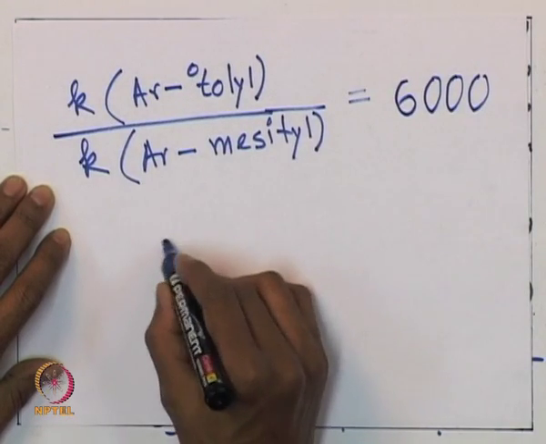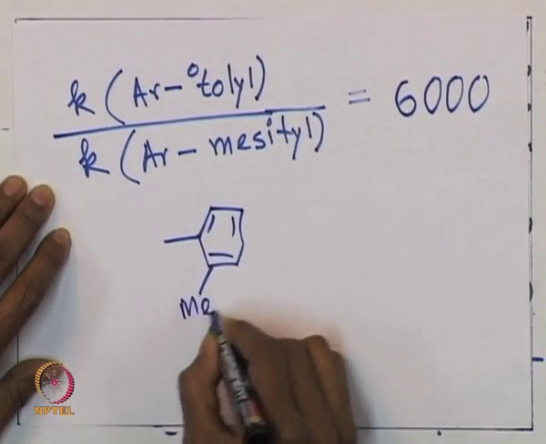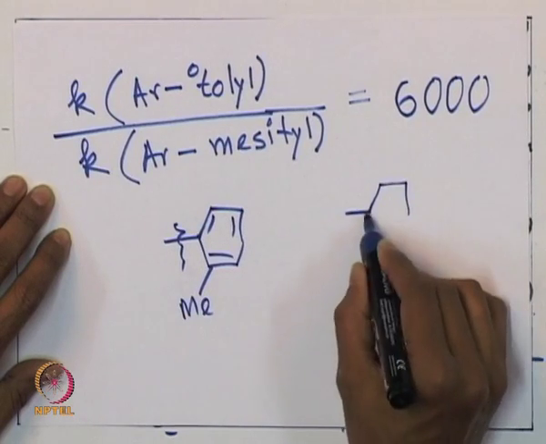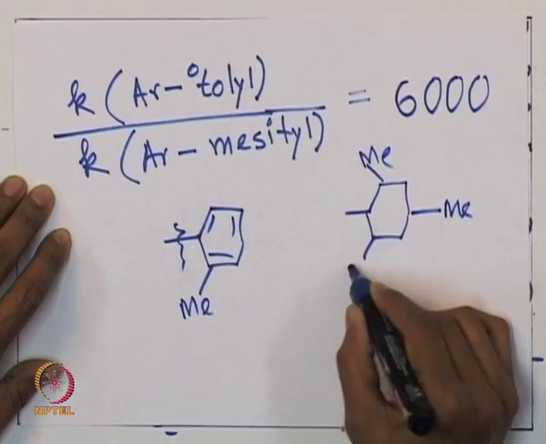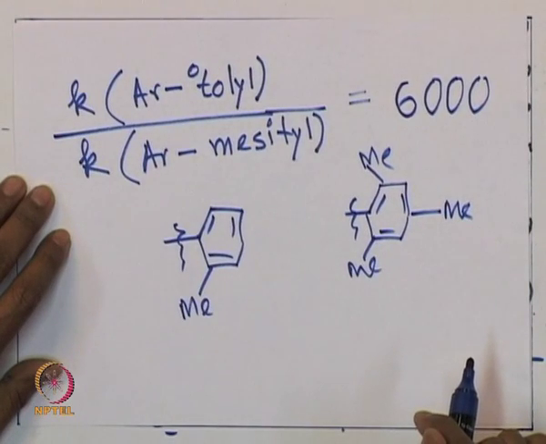Right? What is tolyl? Once again, this is going to be your tolyl with an ortho methyl group. This is your tolyl, and the mesityl will be the 2,4,6 trimethyl complex.